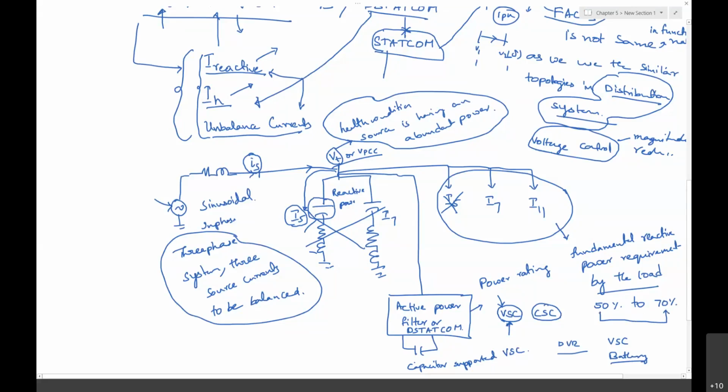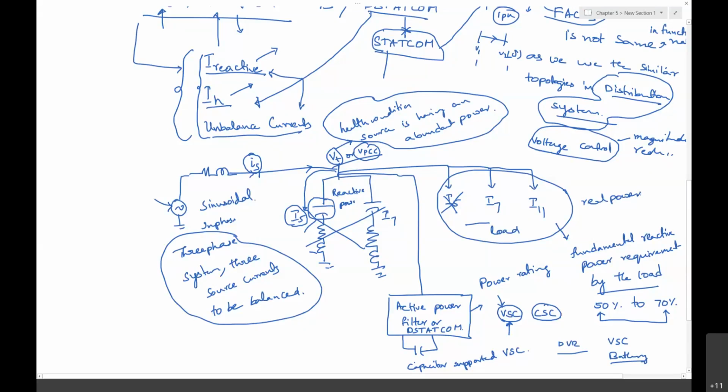We can go for 100 percent, but generally we expect that the load connected to the point of common coupling takes only real power. But most loads, especially pumping loads and induction motors, require reactive power.